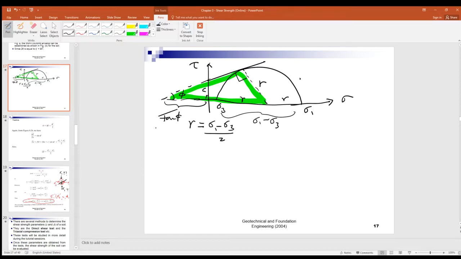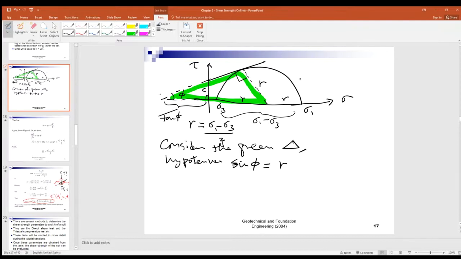So the whole length, consider the green triangle. The hypotenuse, the diagonal, right, equals to what? Sine phi equals R over that whole length, the hypotenuse.